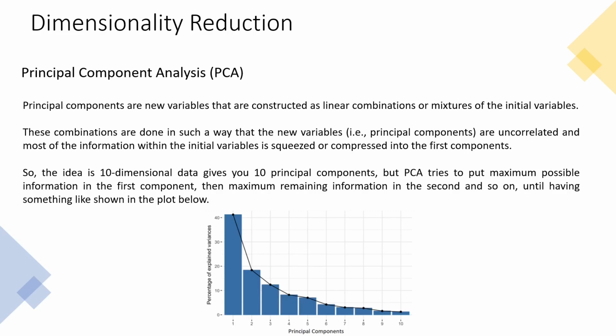So the first components of the principal components are a lot more important than the rest. Okay. So the idea is, for example, if you have 10-dimensional data, you have 10 principal components, but PCA tries to put the maximum possible information in the first component, and then the maximum remaining information in the second, and it goes on like this, such as in this example.